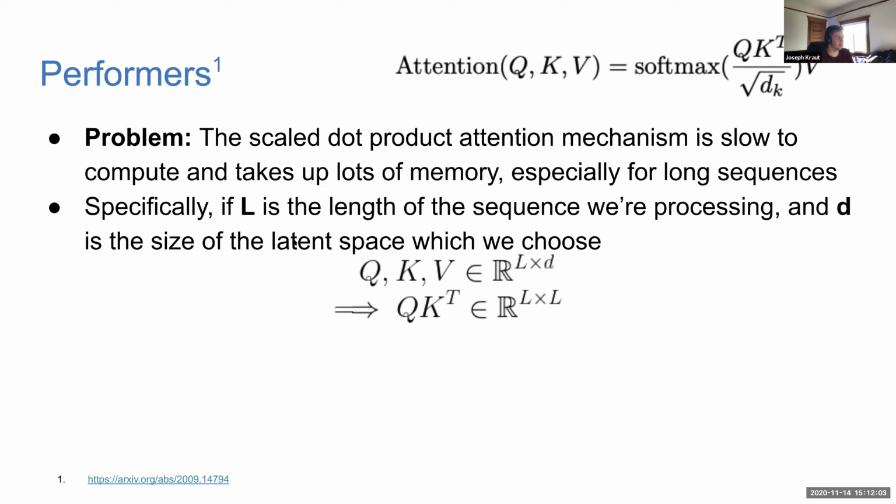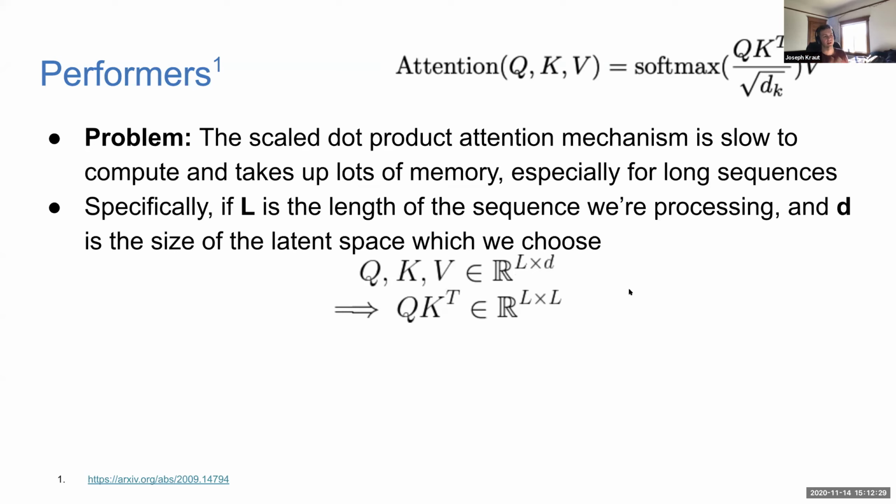I've listed their dimensions here. If L is the length of the sequence, the number of words in the Wikipedia article that we're processing, Q, K, and V will all be matrices of size L by D, where D is some latent dimension that we've chosen. It's a model hyperparameter. That means that multiplying Q by K transposed gives us a matrix of size L by L.